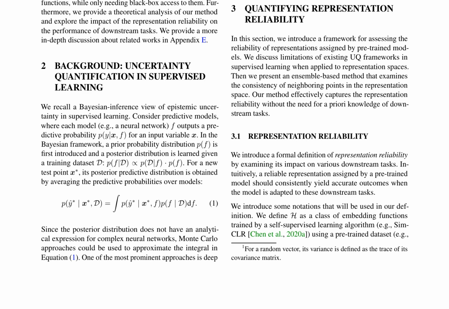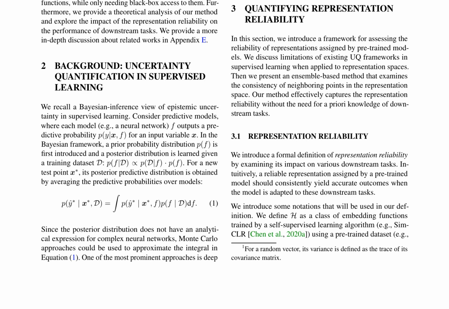The authors introduce the concept of uncertainty quantification in supervised learning, where uncertainty can be assessed by the inconsistency of output across sampled functions. They provide equations for quantifying uncertainty, such as variance for regression tasks and entropy for classification tasks.